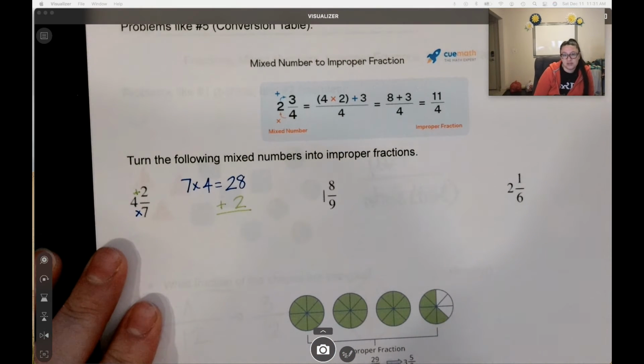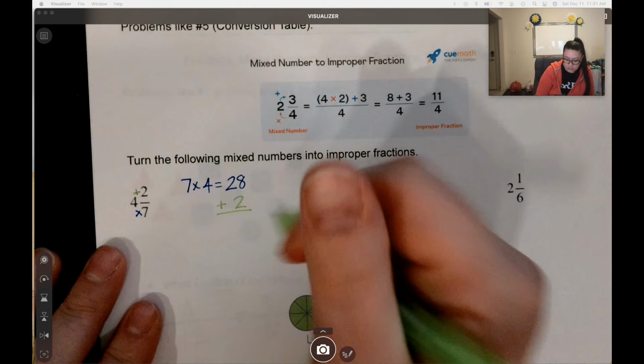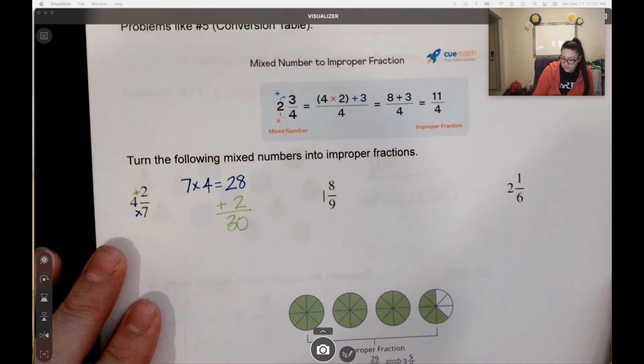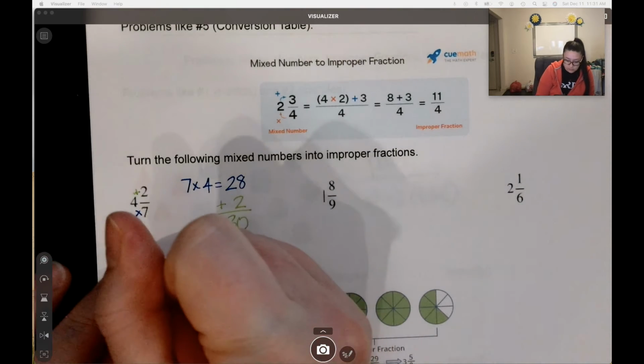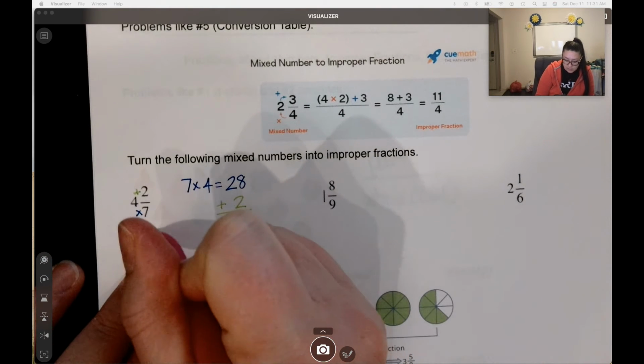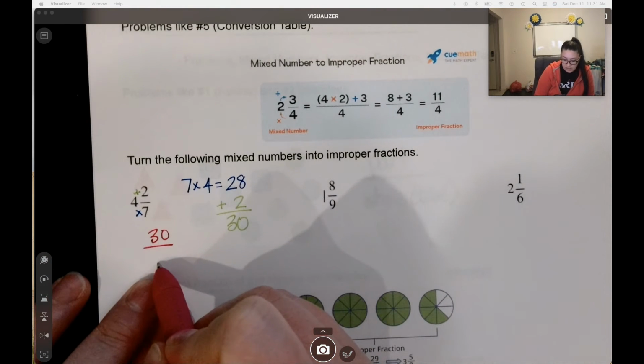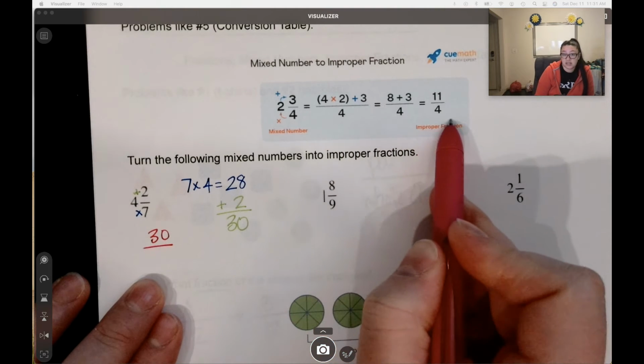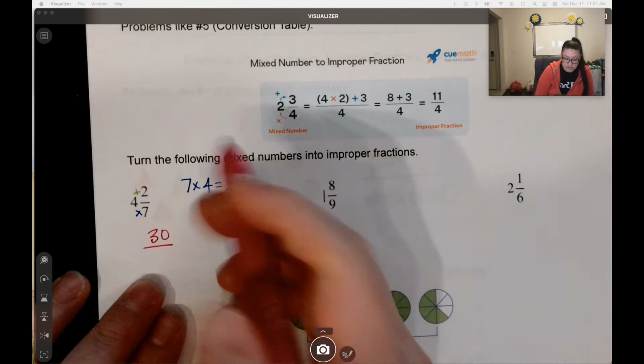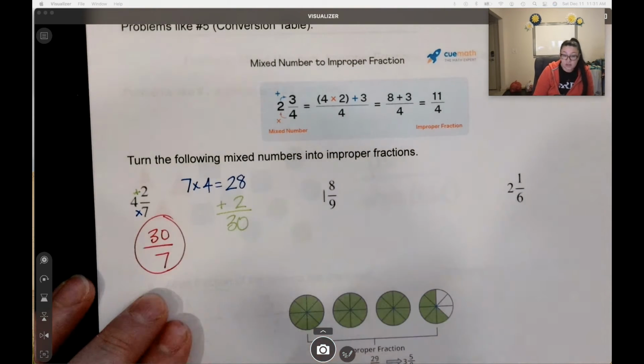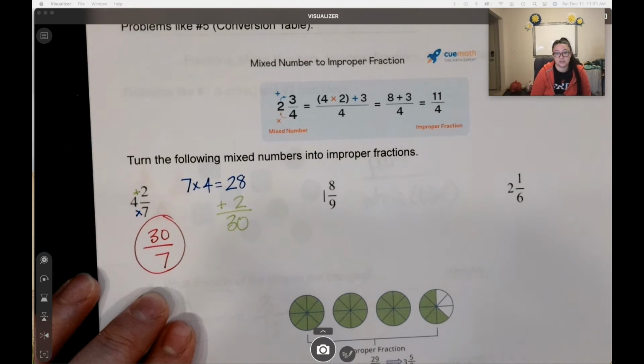What is 28 plus 2? 30. And now we're ready to build our new improper fraction. 30 becomes my numerator. And like we said before, the denominator stays the same. So my denominator is going to stay 7. So we get 30/7.